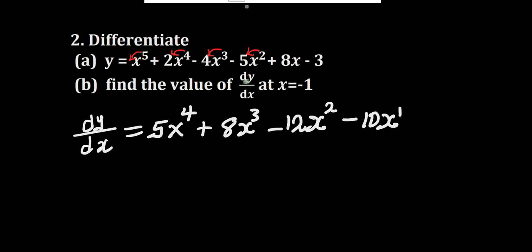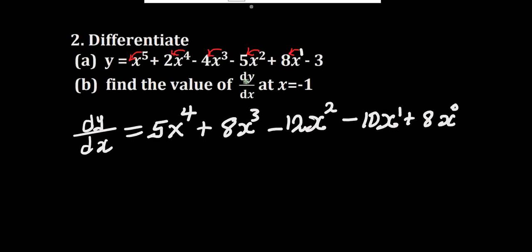That gives us 1. And this x has 1 here, so we can simply use this 1 to multiply 8, and that gives us 8. Reduce 1 by 1, and that gives us 0.